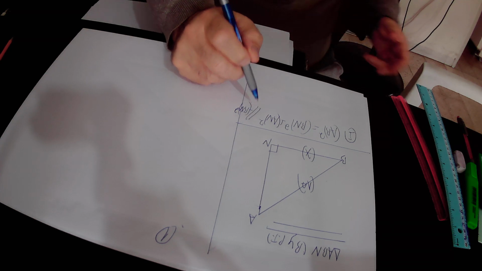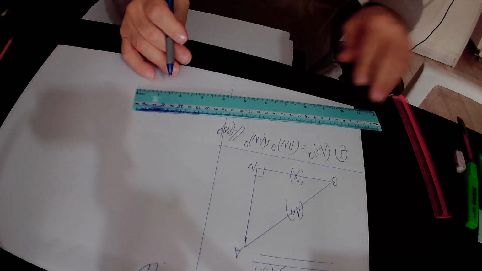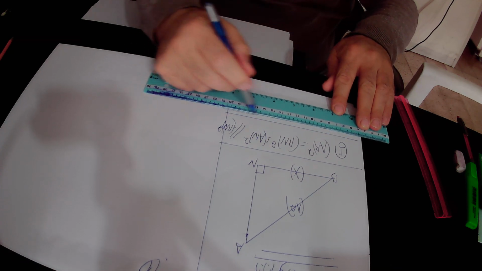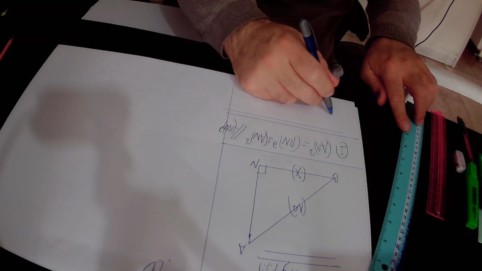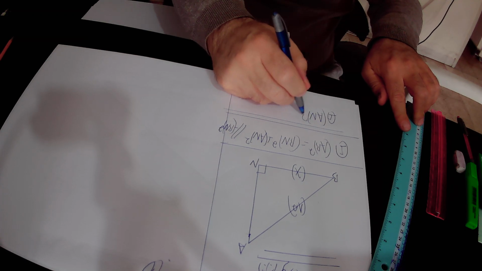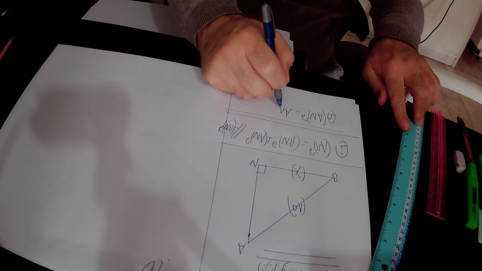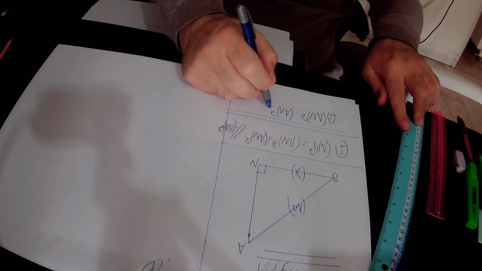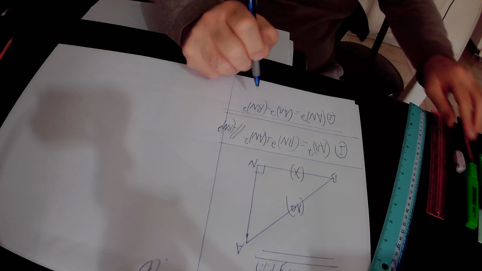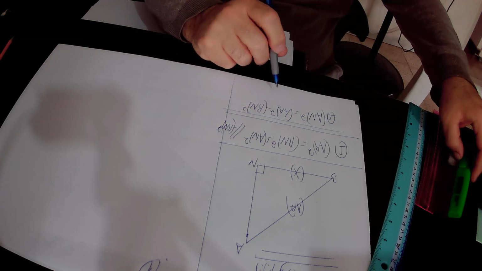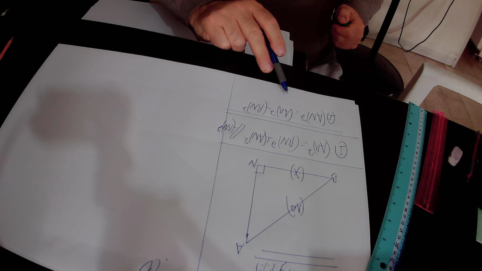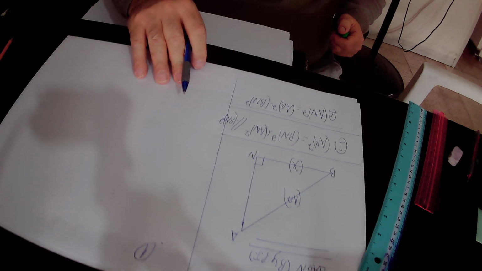Here we subtract BN square from this equation. And you get, according to equation 1, AN square equals AB square minus BN square. Okay, again, according to equation 1, we find that AN square equals AB square minus BN square.